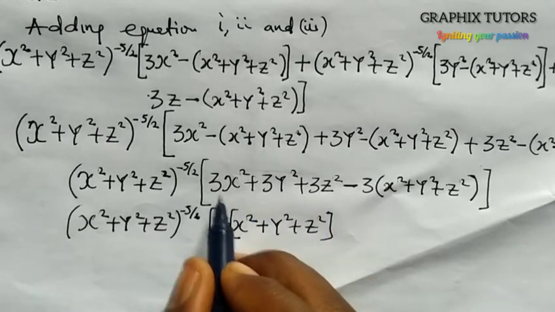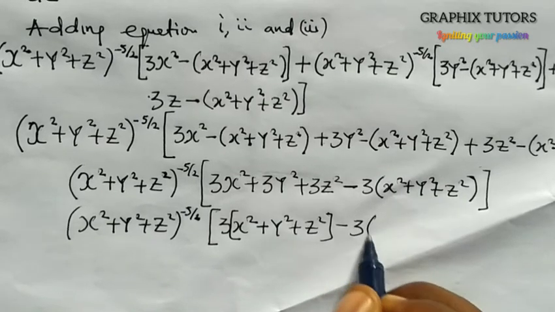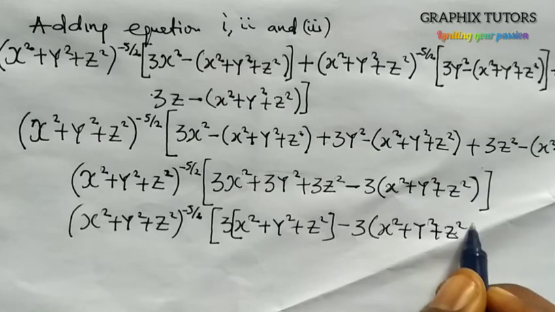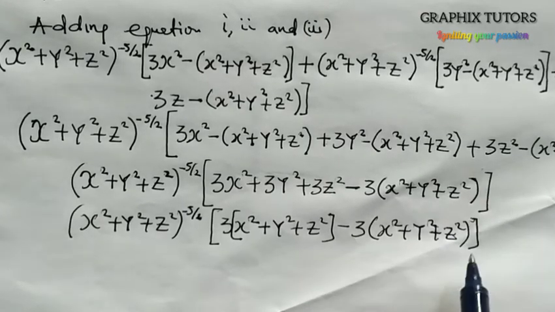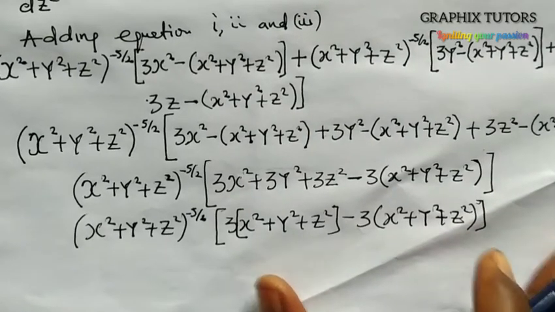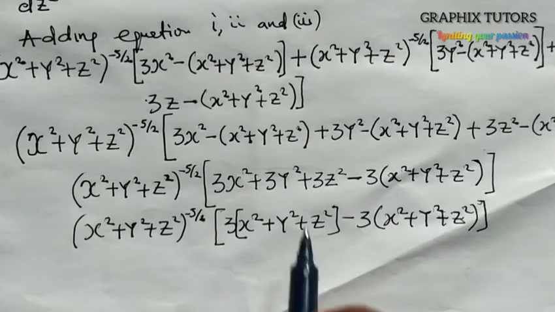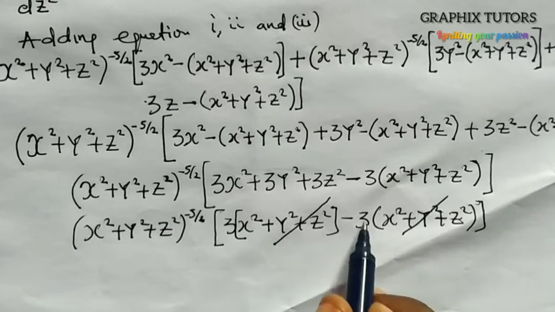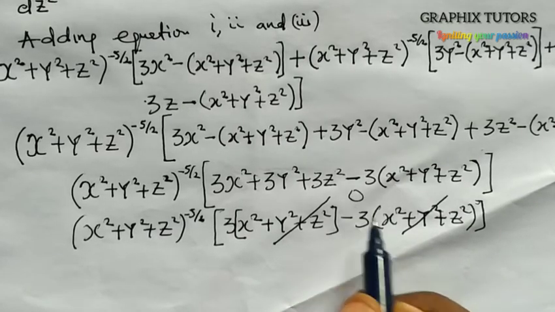I factorize 3 out. Minus 3 into bracket x squared plus y squared plus z squared. I'll close it up. Now what do you notice? They are the same thing. I have this and this, but the signs are different, so they'll cut out. So we're having 0 remaining.